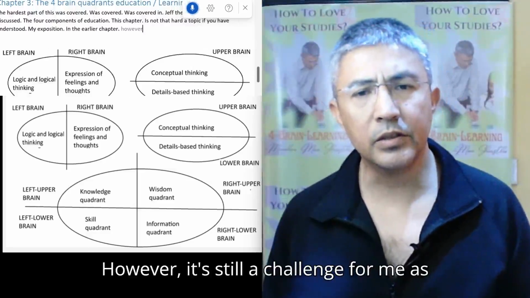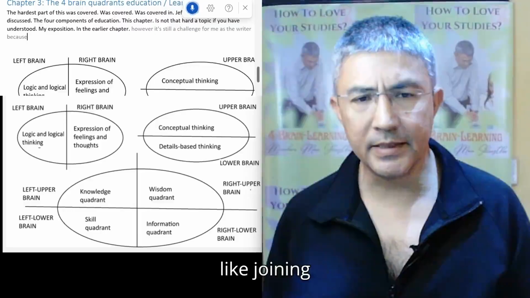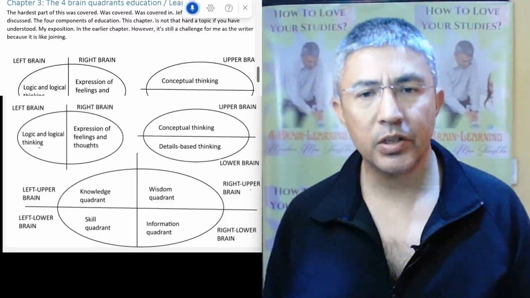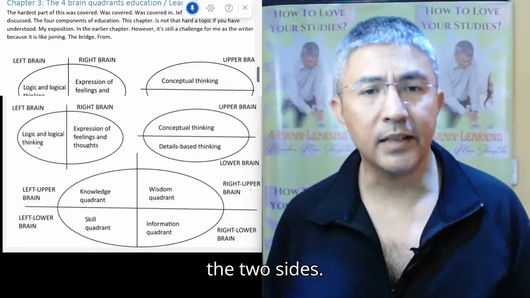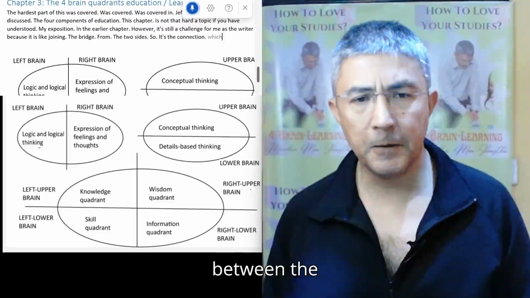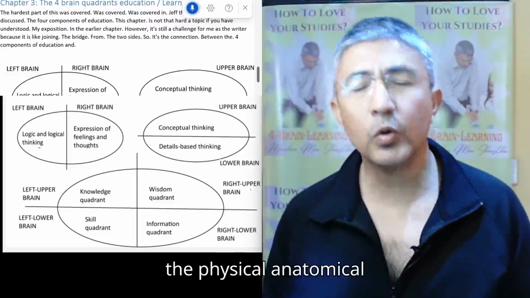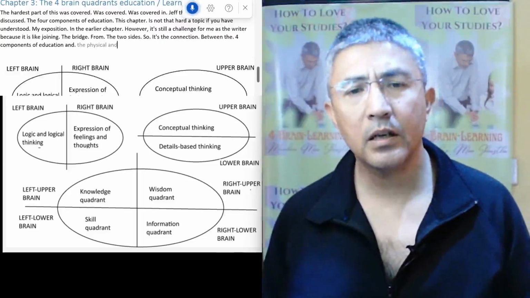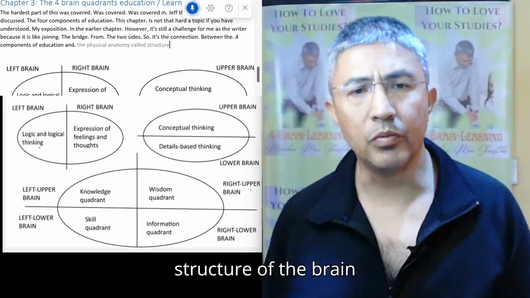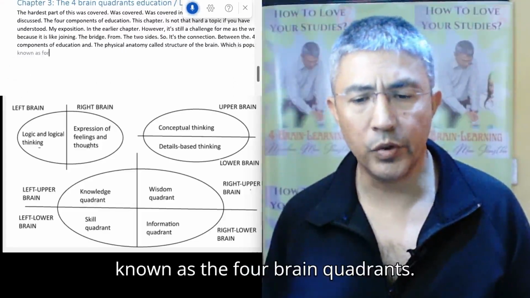However, it's still a challenge for me as the writer because it is like joining a bridge from the two sides. It's the connection between the four components of education and the physical anatomical structure of the brain, which is popularly known as the four brain quadrants.